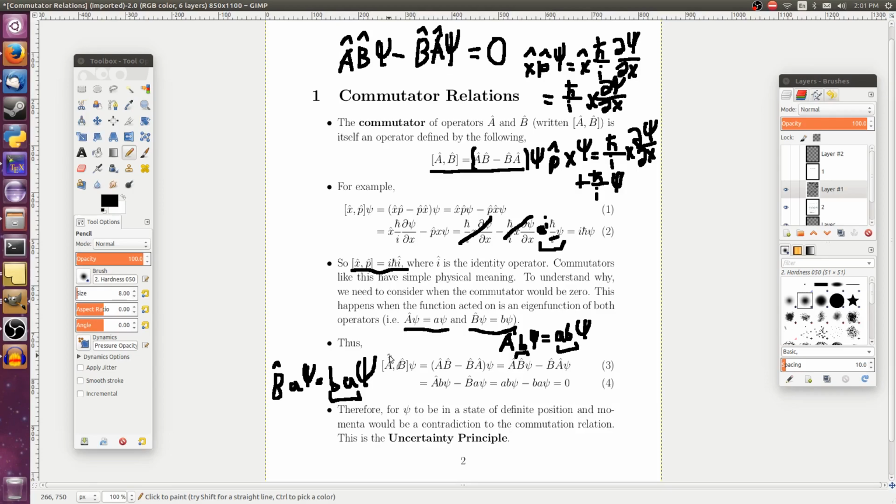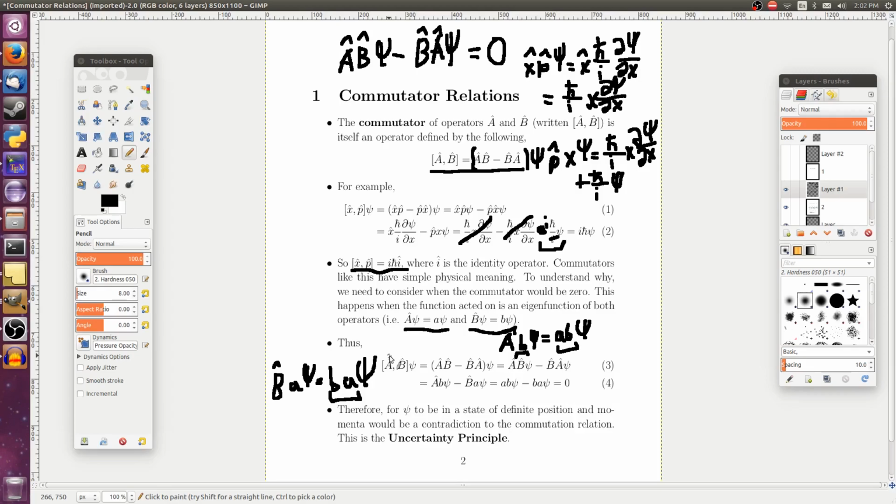So how does that relate to position and momenta? Because that seems pretty unrelated. Well, if we wanted to put our system in a state of definite position and momenta, then remember, we can always represent our state as a superposition of eigenfunctions of our operators x, p, or E, those Hermitian operators.